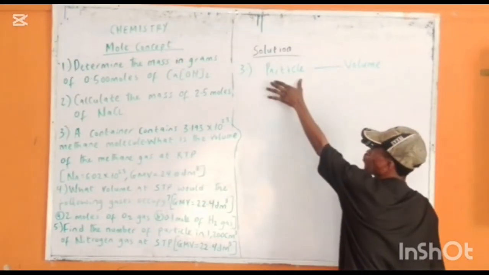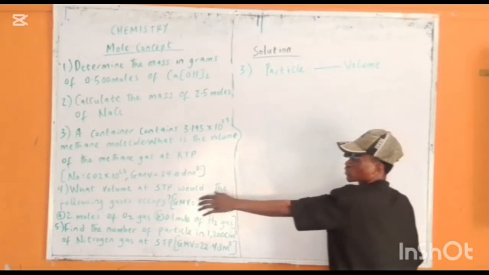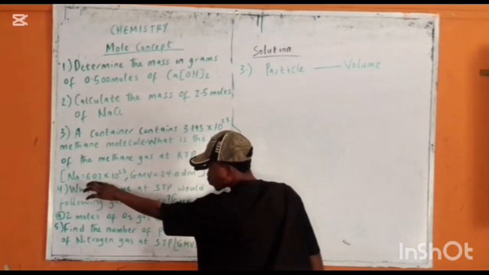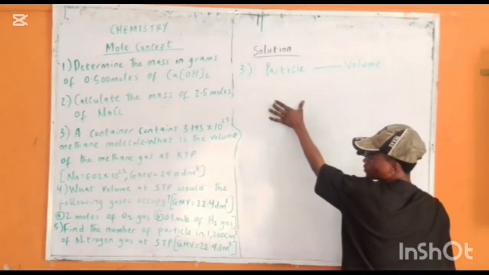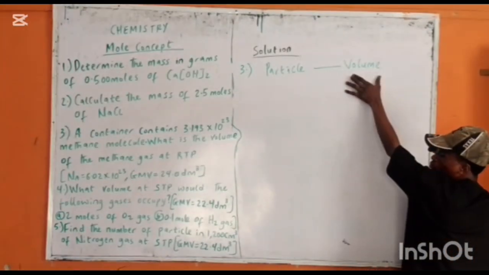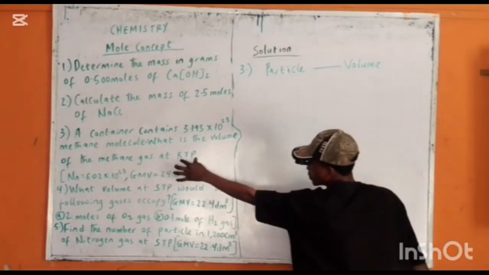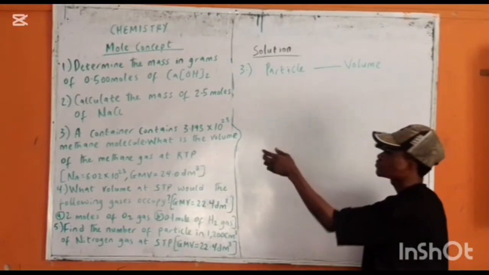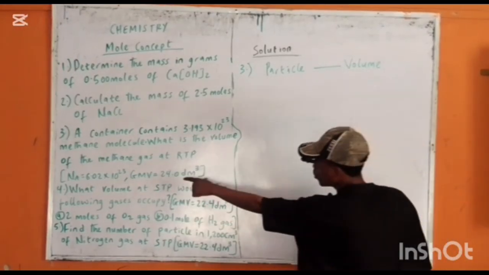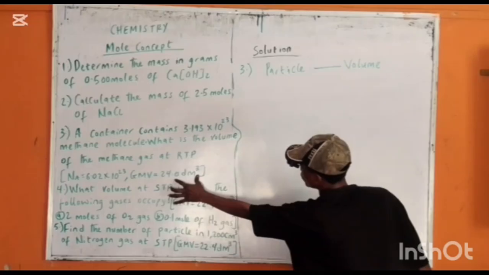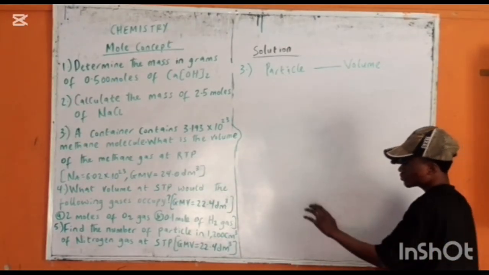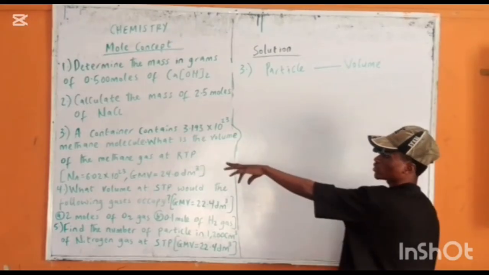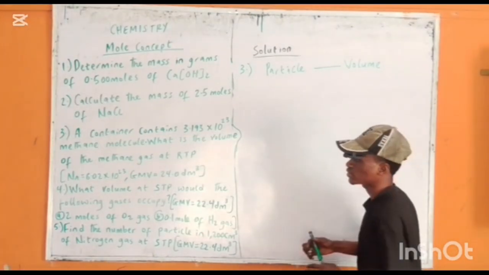My 1 mole for particle is what? 6.02 times 10 to the power 23. So I put it here. My 1 mole for volume at RTP is what? 24.0. So I put my 1 mole of volume, which is 24, I put it here. So I now applied the question. That is for number 3.